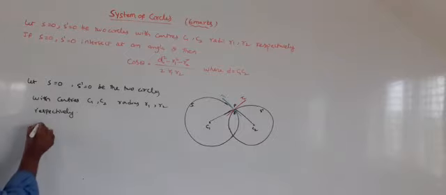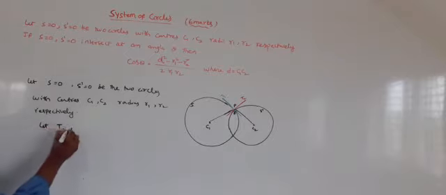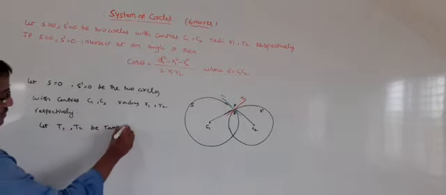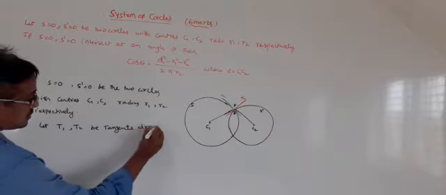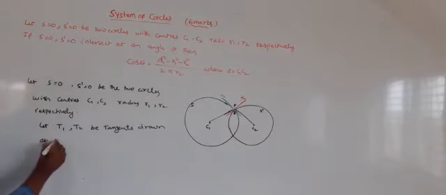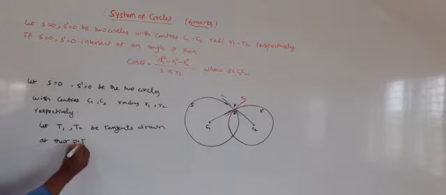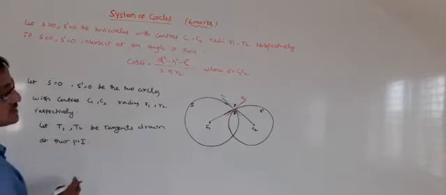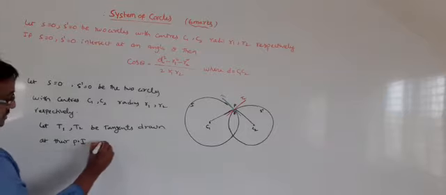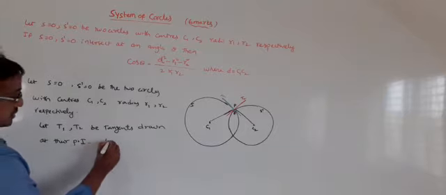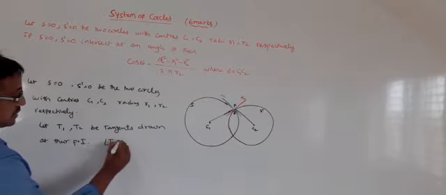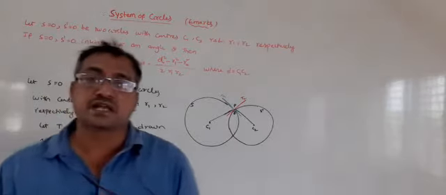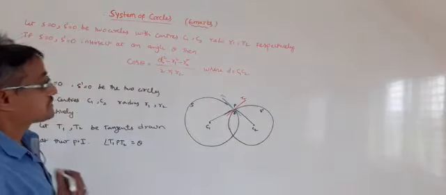So let T1, T2 be the tangents drawn at their point of intersection, and the angle between the tangents is theta. So that is angle T1PT2 = theta. That is the required angle between the tangents.